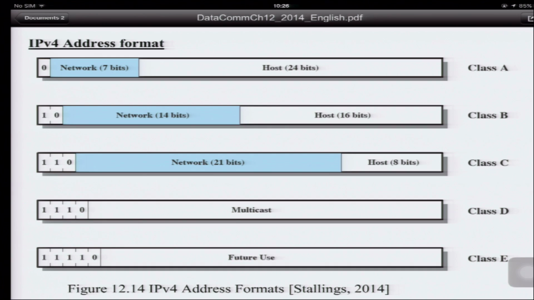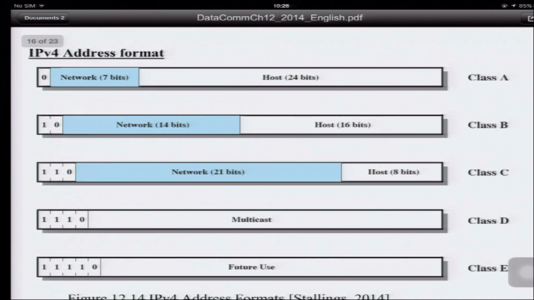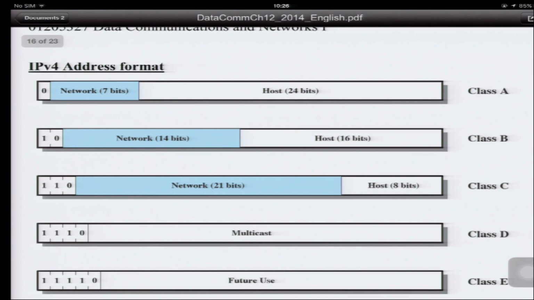Class D is used for multicast transmission, which starts with 1110. For class E, this is for future use, so we haven't used this. So we will basically focus on class A, B, and C. This is the address that you usually see. Multicast is like you send to many people.